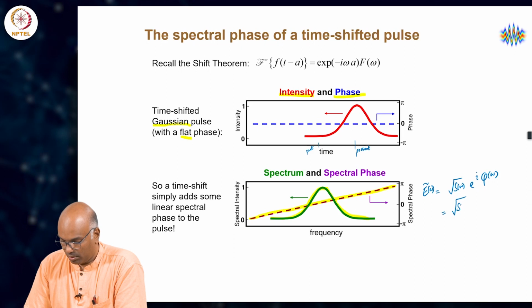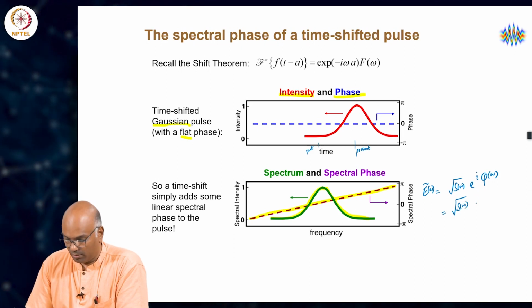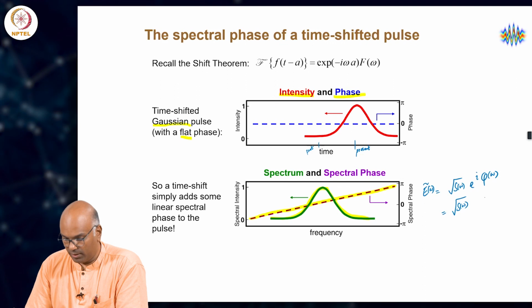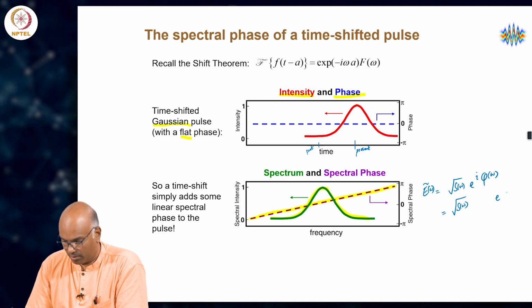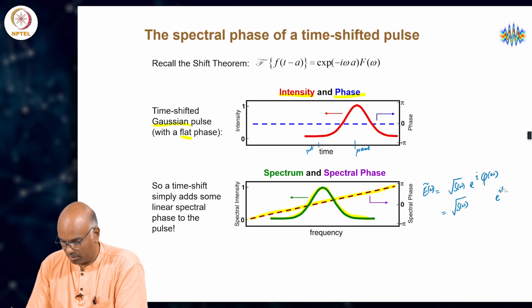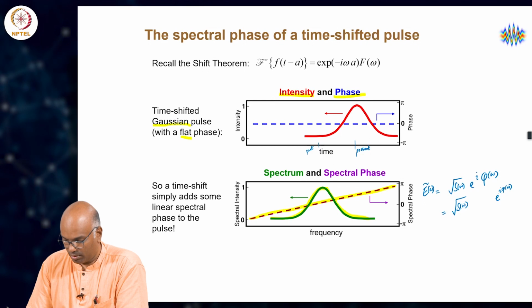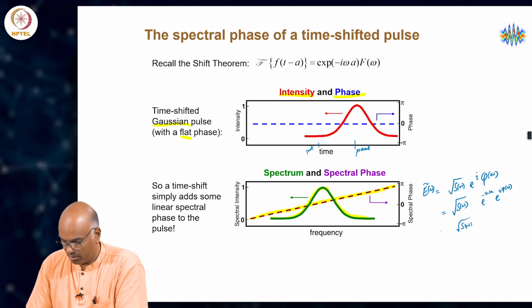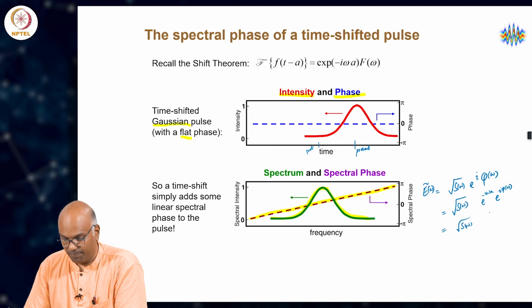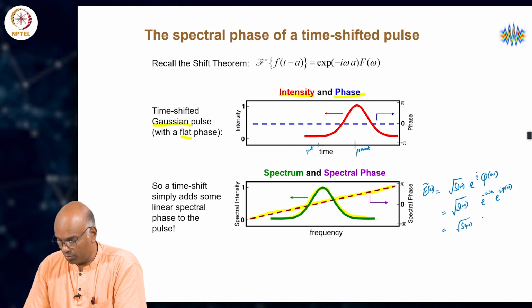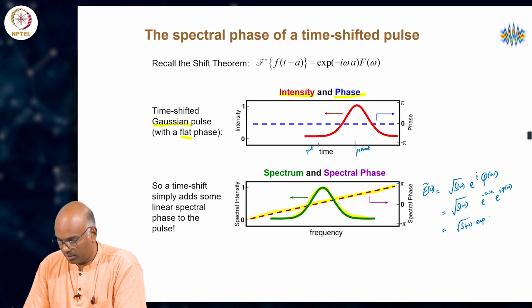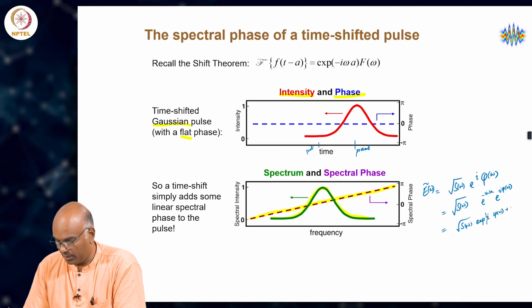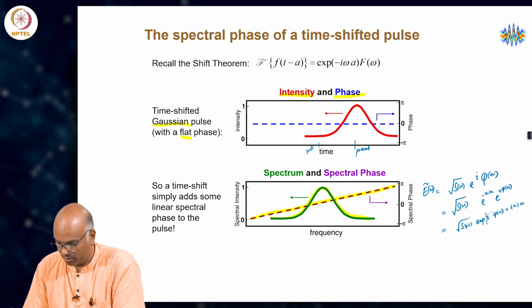Now, in terms of time shifting by an amount a in time, what got added is, the math is trivial, but the idea being that I want to just emphasize the following fact, that it is exponent i phi of omega plus or minus a multiplying omega.